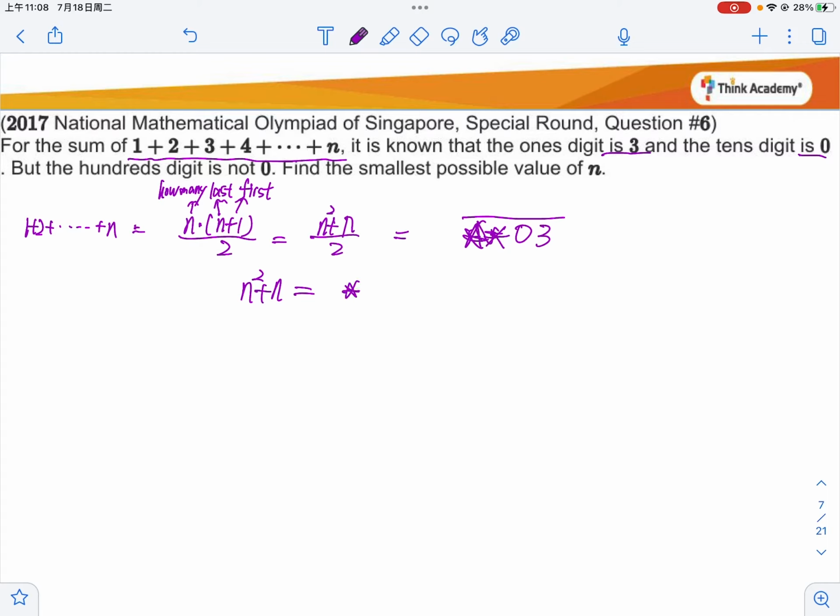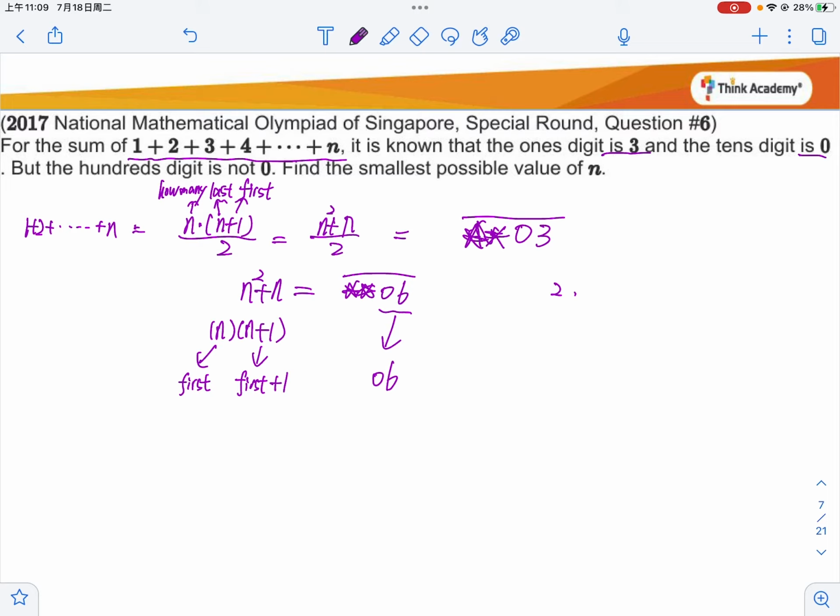It will become something I really don't know, and 0, 3 times 2 should be 0, 6. So we need to know n times n plus 1, which means this number is the first number times this number plus 1. The last 2 digits will be 0, 6. Then you can find the adjacent numbers multiplied. The last digit will be 6.